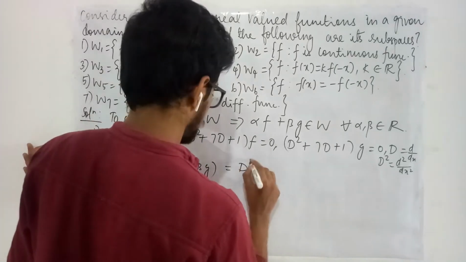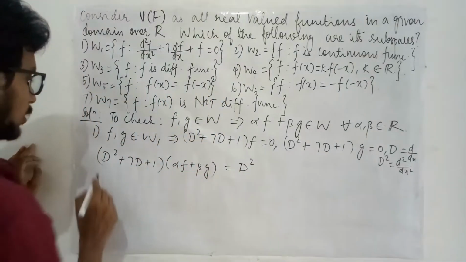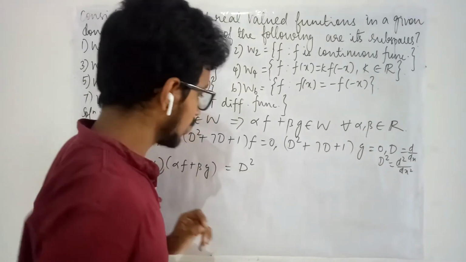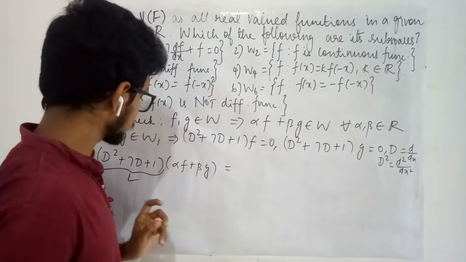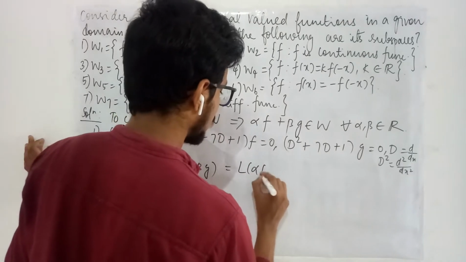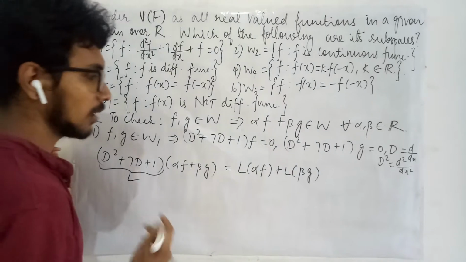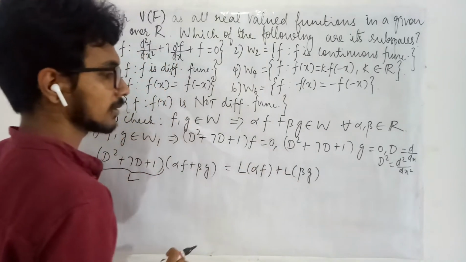For shorter notation let me take this operator to be simply L. This is L of alpha f plus L of beta g. Alpha and beta are scalars.